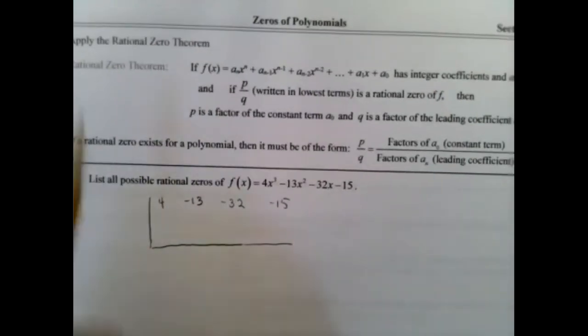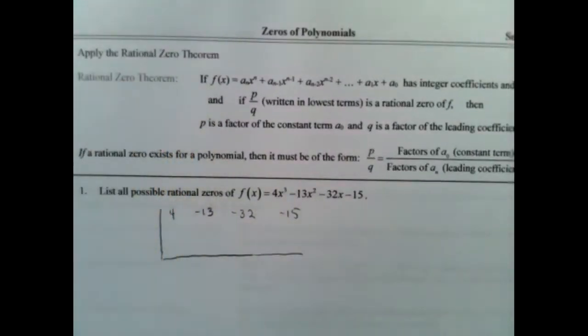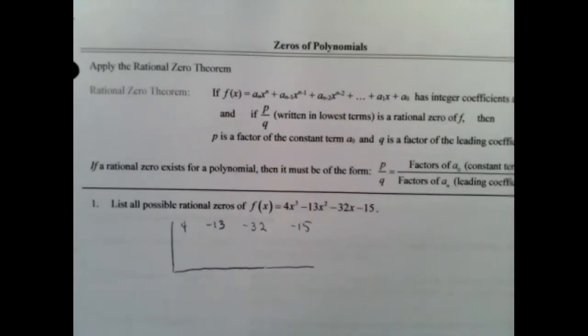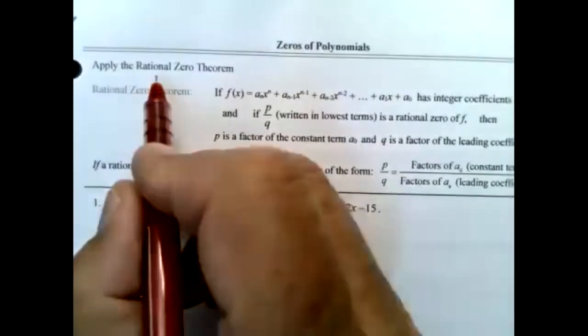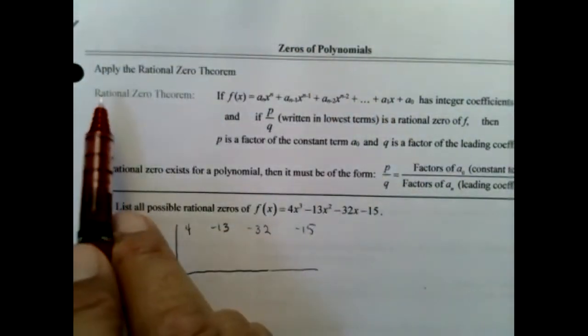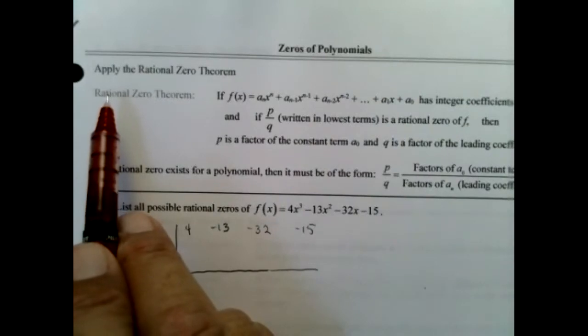All right. Well, there's a whole bunch of stuff up here, and it says apply the rational zero theorem. And you're going, more big words. Well, I'm going to break this down. Rational starts with ratio. It's a ratio.